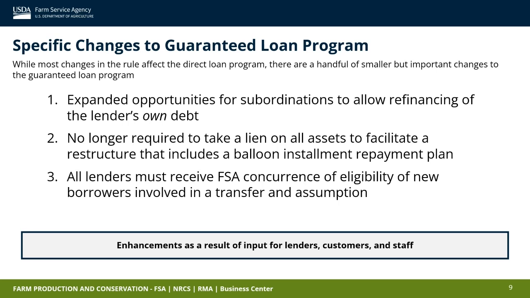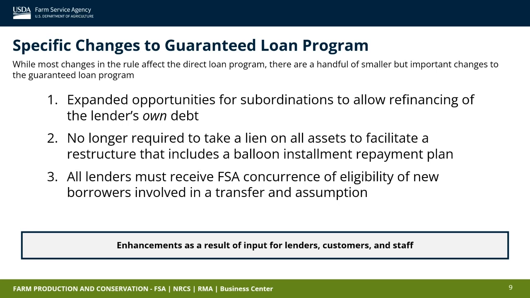But occasionally, without FSA being involved in that process a little sooner, we've had instances where a transfer and assumption was completed by the lender, but ultimately the guarantee was transferred to a non-eligible individual or entity, and that just causes issues with compliance of the guarantee. So we're avoiding that going forward.